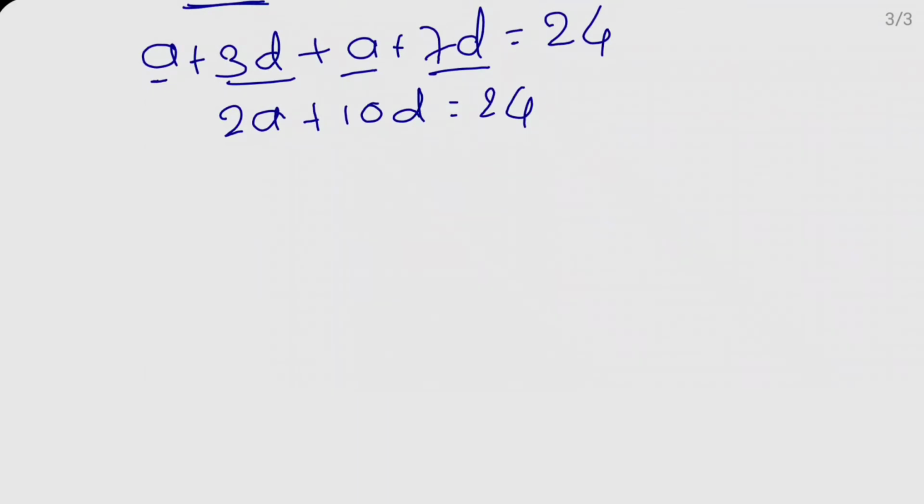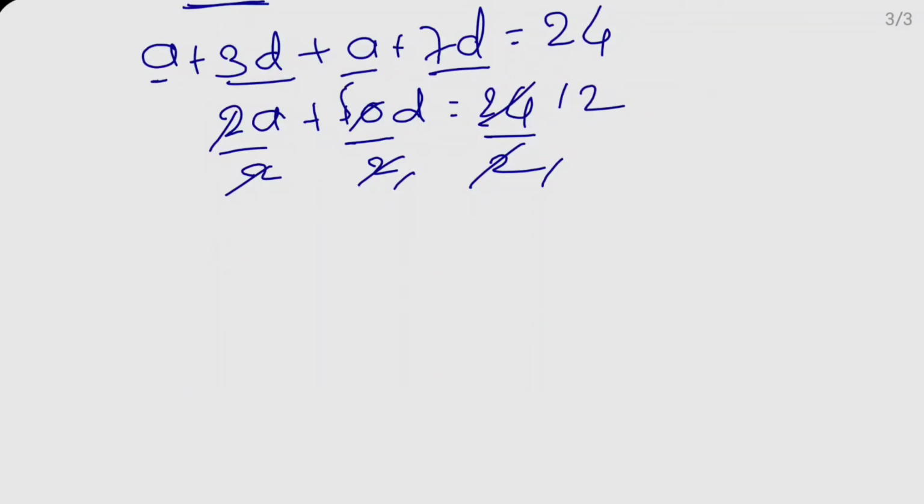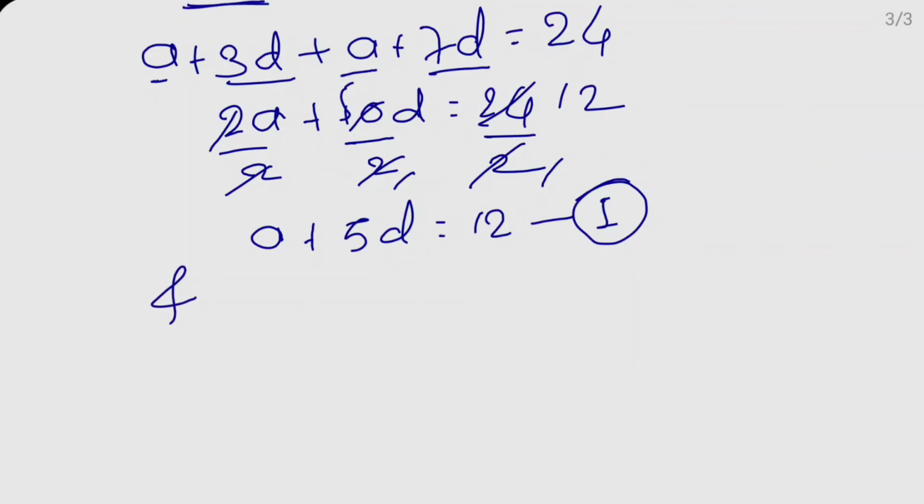So now here the whole equation divided by 2. So here 2 to get cancel, 2 ones are 2, 2 fives are 10, and here 2 twelves are 24. So remaining a plus 5d equal to 12. Call this equation 1. And now they given another condition.